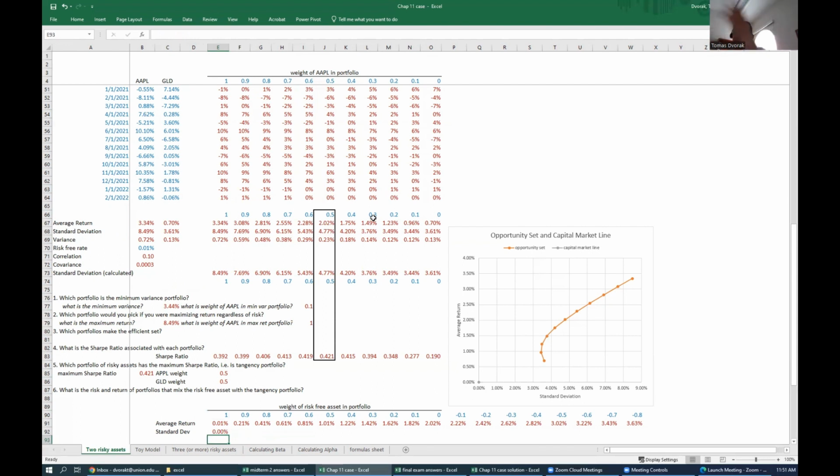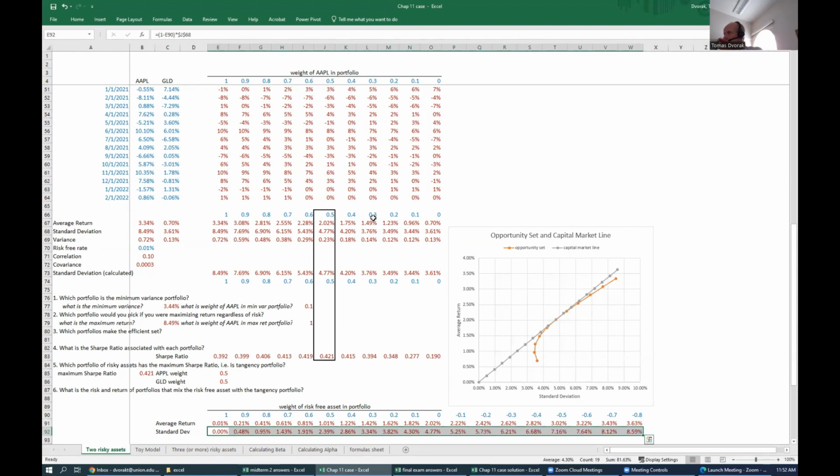Let's hit enter. Of course, if we're 100% in a risk-free asset, then the standard deviation is 0. That's to be expected. And if we Control R this all the way across, what do we have? We have a little more risk if we take 90% risk-free asset and 10% the tangency portfolio.